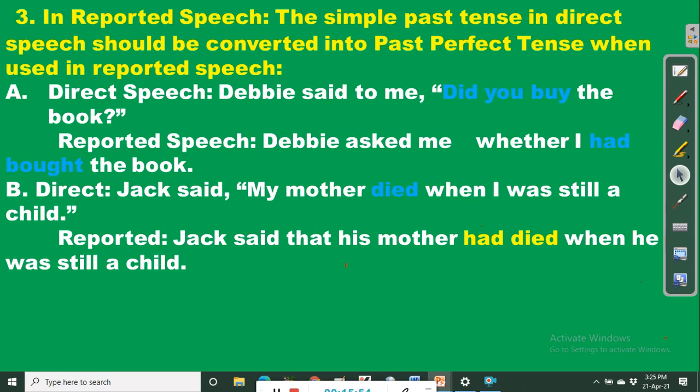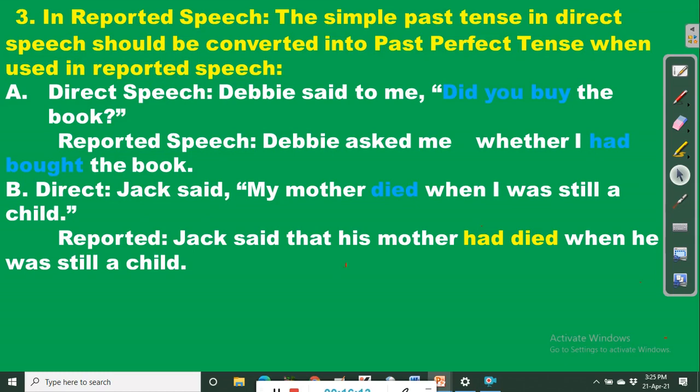The indirect speech is reported speech. When you are saying what someone said using the speaker's direct words, that is called direct speech. But when you report what someone else said in your own words, that is reported speech.